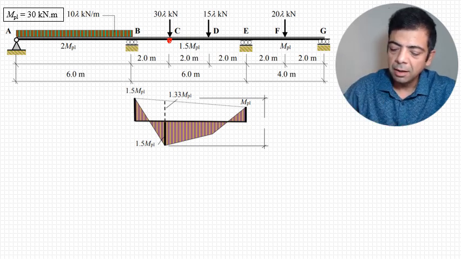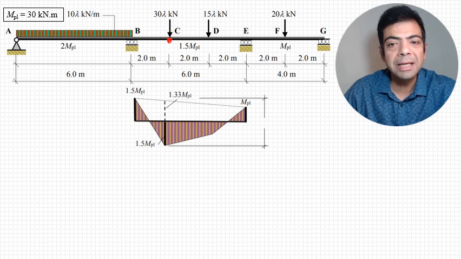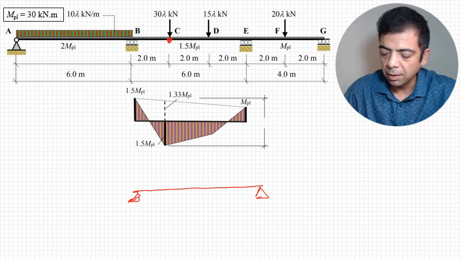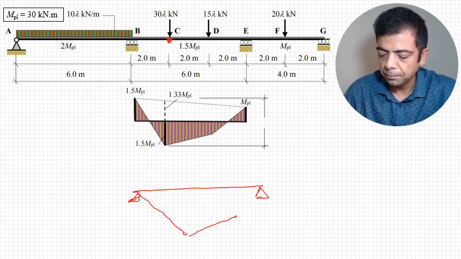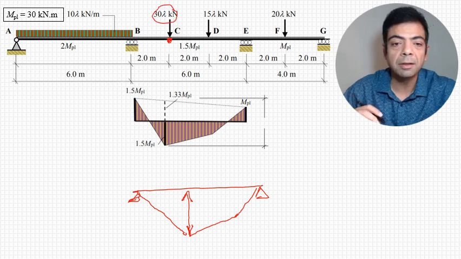All right. What is the bending moment diagram if BE was simply supported? It will probably look something like that. So why is this distance bigger? Because this load is bigger.